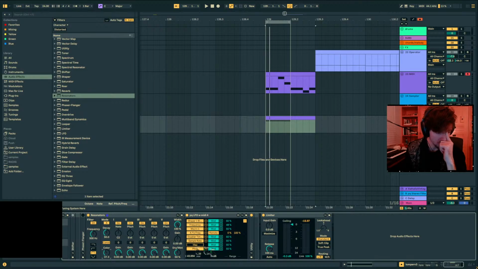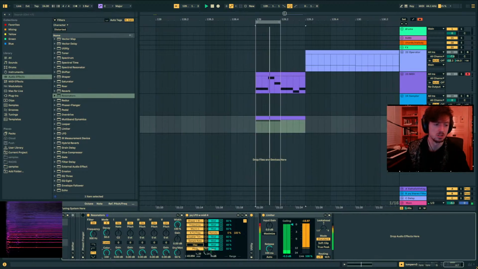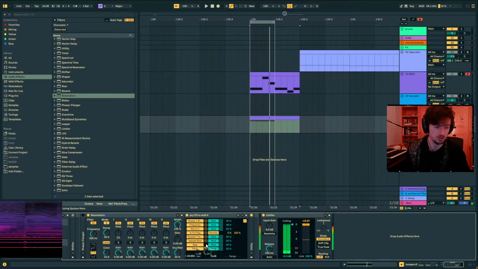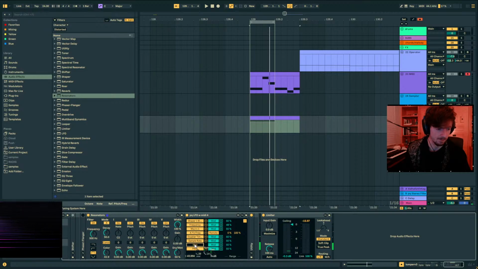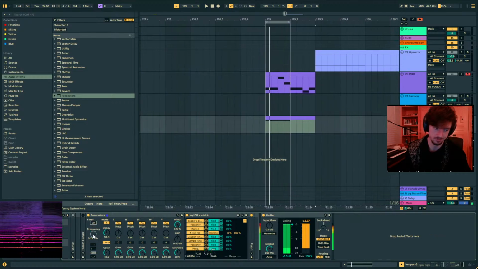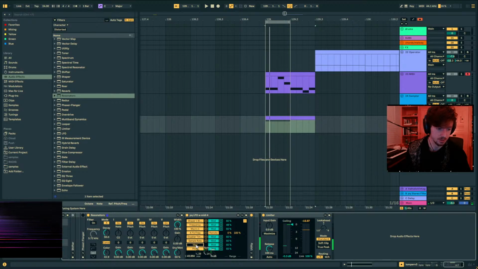Color is just kind of a filter thing. Yeah, that's not gonna do much. There's a bandpass filter in it. That's boring. You can discreetly move the notes.